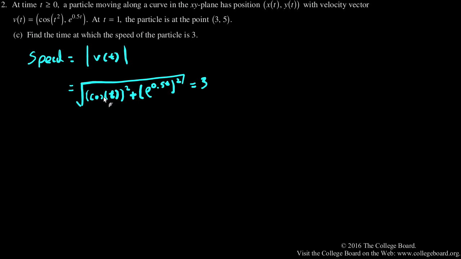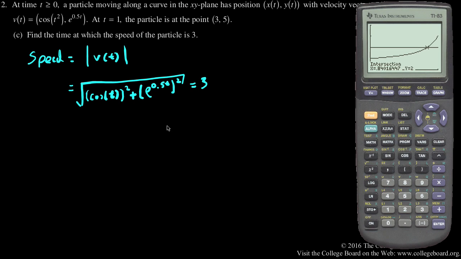And so again, this looks like a little bit of a mess to solve. I could square both sides, get a 9 over here, but I'm just going to go straight to the calculator, write this in for one of my functions, so I still have the work here from part B. So I'll put this in, the square root of, we have the cosine of x.